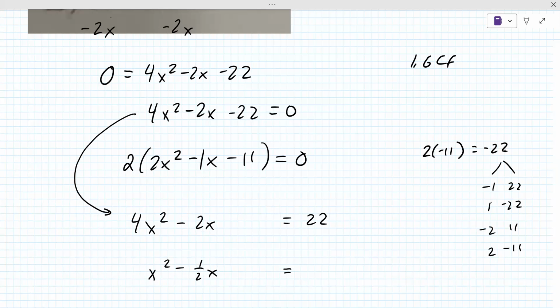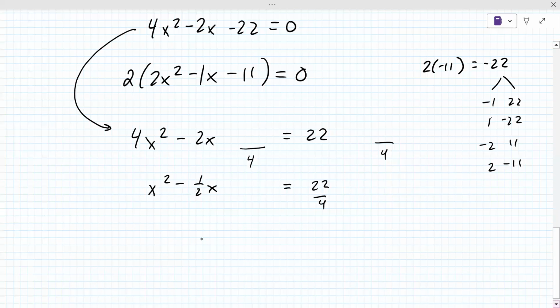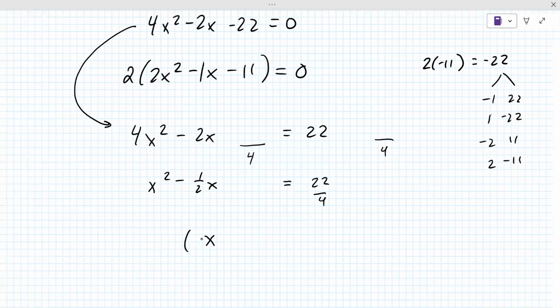The way you're doing this is fine, this will work, but you're dividing even this number here by 4, this unknown number, which we have to account for later on. And you're dividing this by 4, so it's 22 over 4. I don't show it this way, but this will work. It becomes x minus 1/4 squared, and this is 1 over 16.